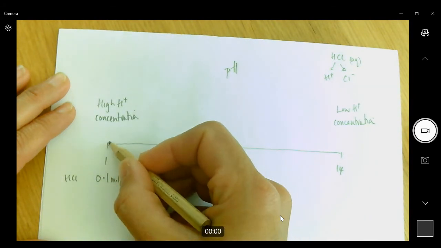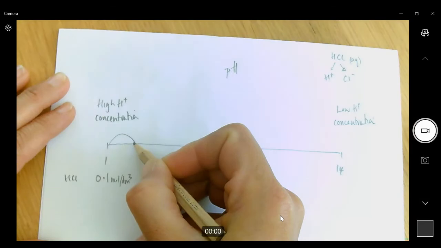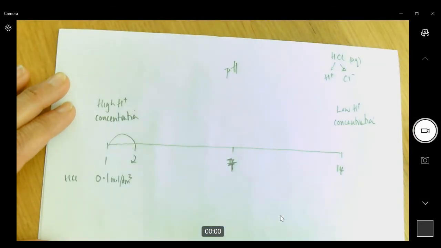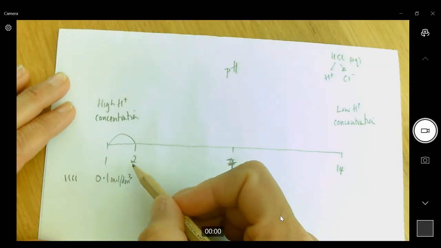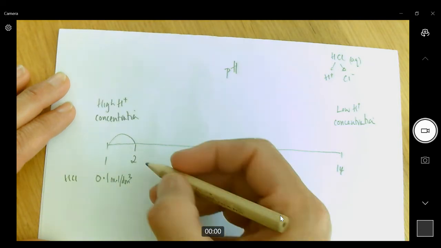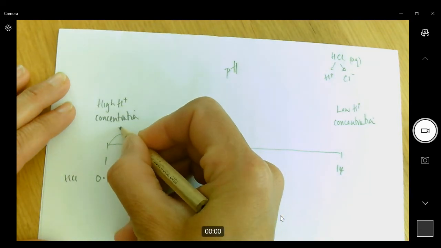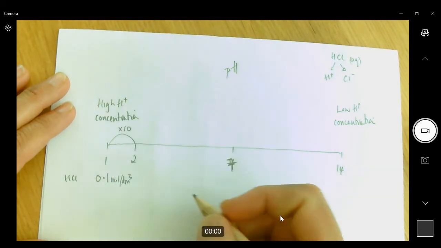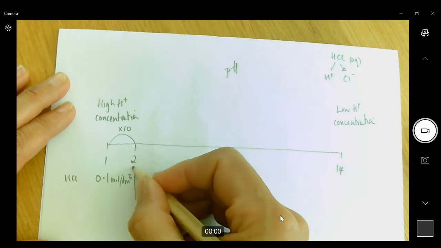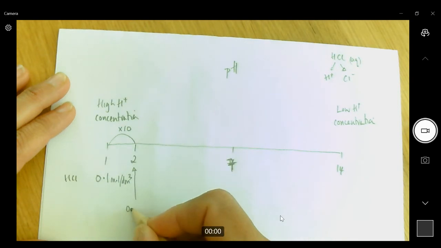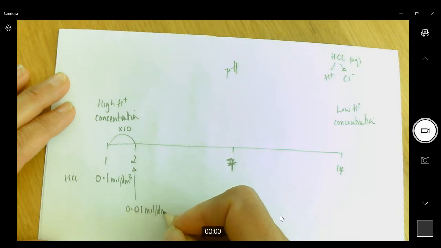If I want to change my pH to pH 2, to increase the pH and make it slightly less acidic, I need to dilute that solution by a factor of 10. So my concentration at this point will be 0.01 moles per decimeter cubed.